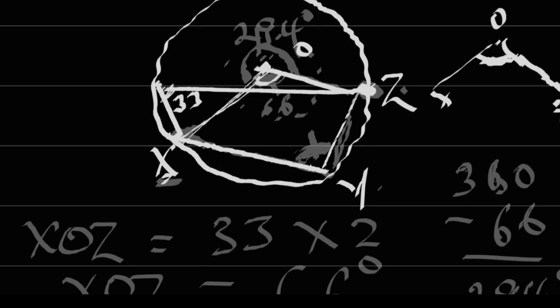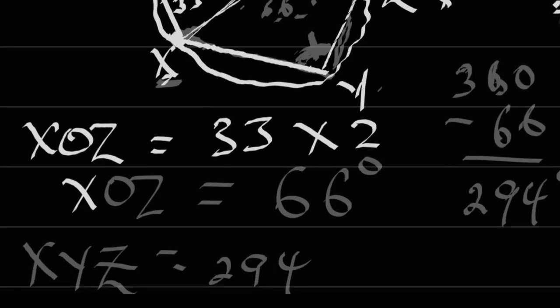This angle 33 is facing down, and this very angle is also facing down. So therefore we can use angle at center is twice angle at circumference. Angle 33 is angle at circumference. So this very angle XOZ should be twice the angle 33. That is to say, angle XOZ will be equal to 33 times 2. That is equal to 66 degrees.